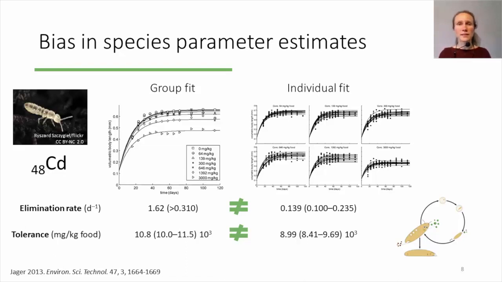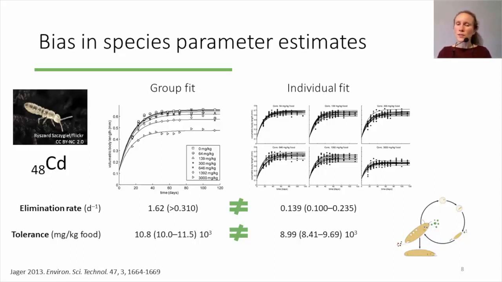And this could actually bias our estimates because the relationship is not linear, and estimating a unique species parameter based on average data won't give the same results as doing estimations on different individuals from the same species and then averaging the parameters we get. Okay? The second method is probably the best one because it will actually reflect what the actual mean of the parameter in the population is.